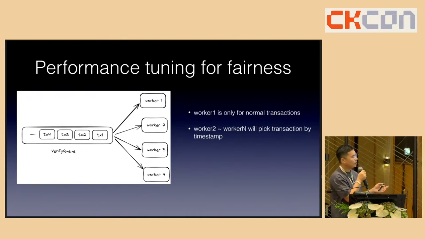So the normal transactions may wait more time, but actually we can handle normal transactions in a very short time. So there will be a worker which is only for normal transactions, while the other workers will pick transactions by time step.